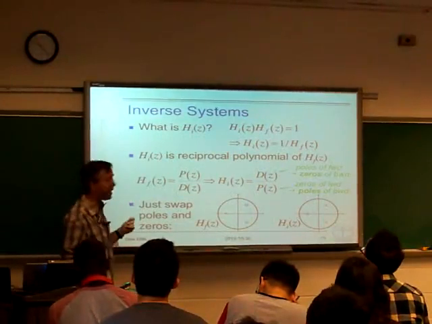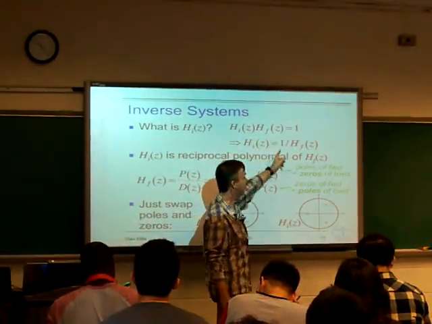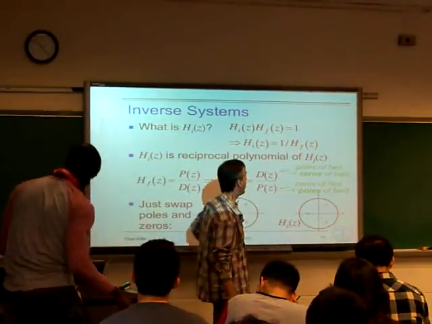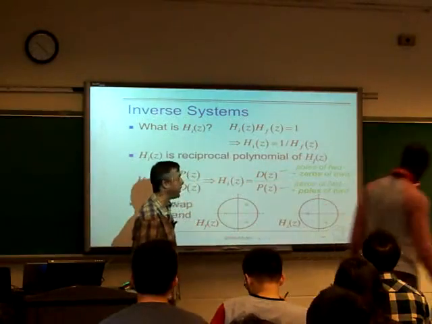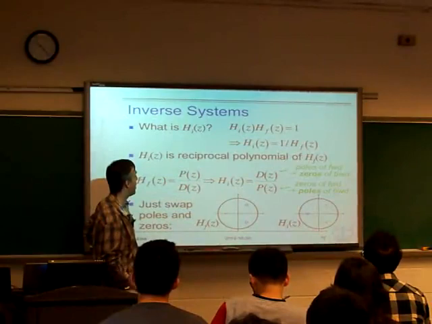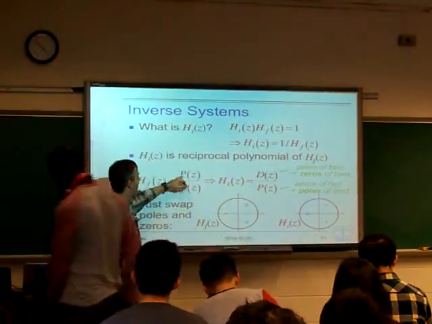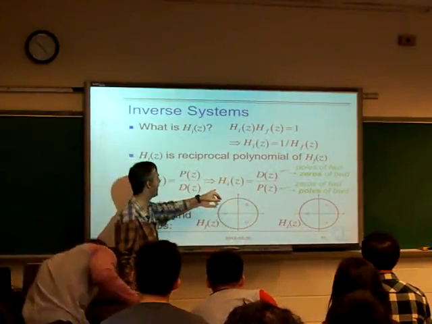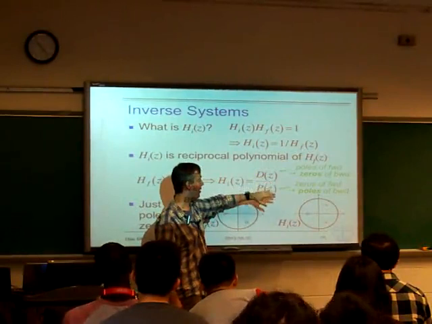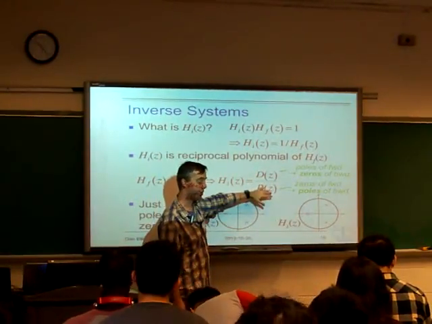So what's it going to be? Well, here's the relationship in the z domain, which just means that H_i(z) is just going to be 1 over H_f(z). If H_f(z) is a rational function, typically, that we can identify, with some polynomials, then the inverse system has the same polynomials, but what were the polynomials for the zeros become the polynomial for the poles.